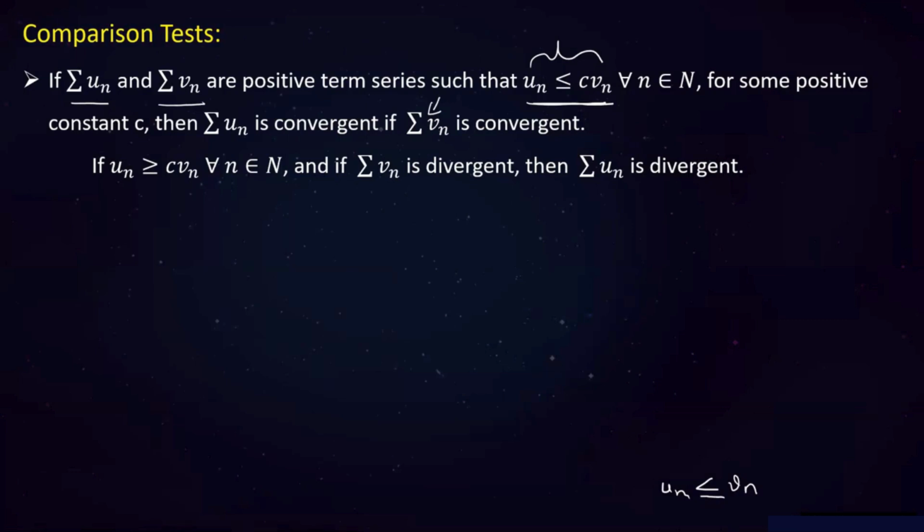For every n, un is completely lesser than vn, right? Understand it this way. Here vn is the larger one, vn is higher compared to un. When vn itself is convergent, right? When a higher value itself is convergent, definitely its lower value will also be convergent only, right?